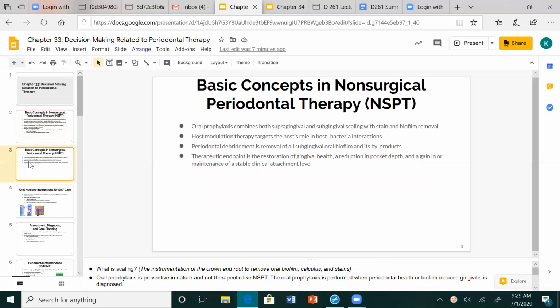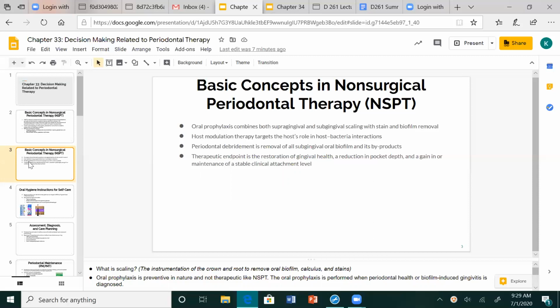So oral prophylaxis combines both sub and supragingival scaling of stain and biofilm removal, but the difference is oral prophylaxis is performed on patients who have absence of signs of disease. So no bleeding on probing, or maybe only localized areas of bleeding on probing, and those pocket depths aren't showing any signs of disease.